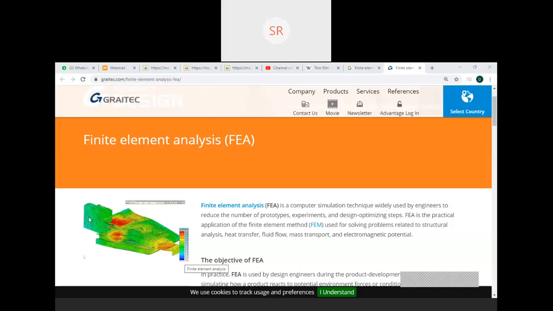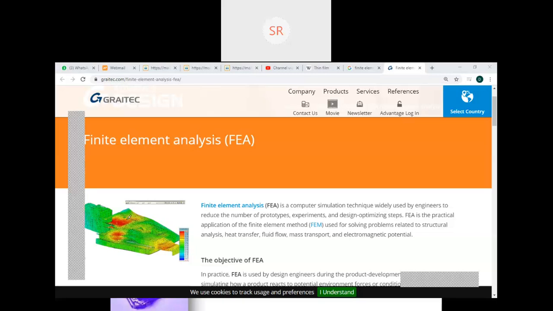So this region has medium stress, whereas this red region has more stress. On this area only the more stress is falling, so I need to concentrate on this area.